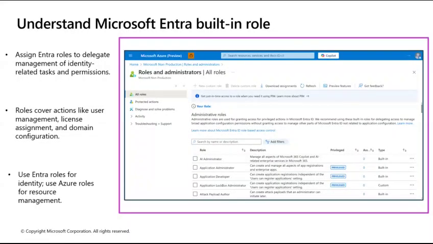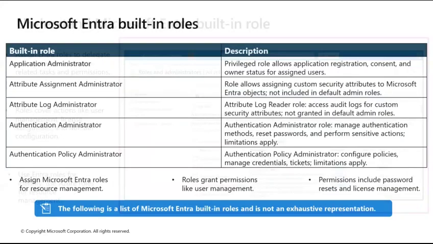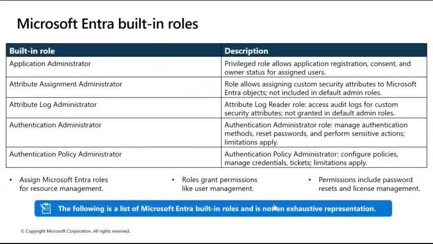Okay, so that's there. Now what is after this? See, these are some of the built-in roles that they're talking about. Here they are talking about Entra roles, not RBAC roles. There is application admin that I just assigned. Privileged role allows application registration, consent, and owner status for assigned users.